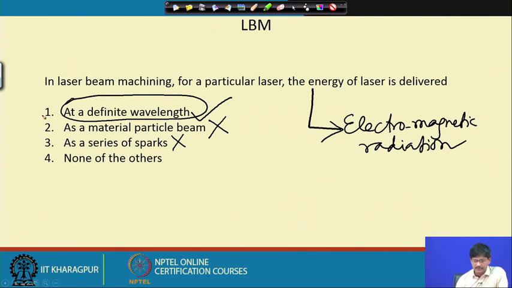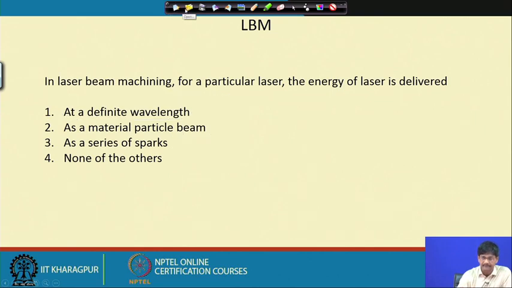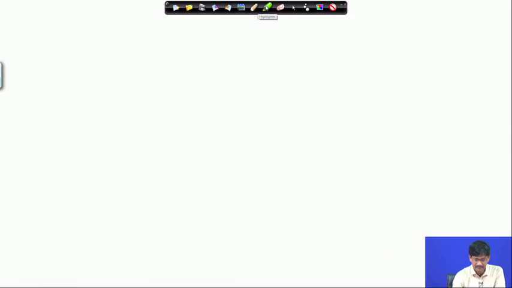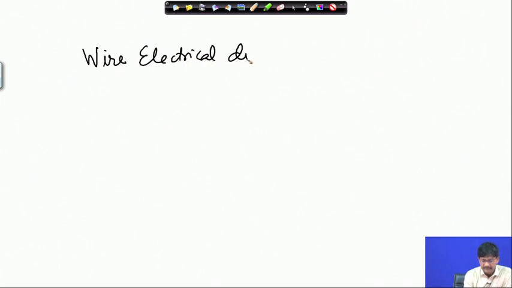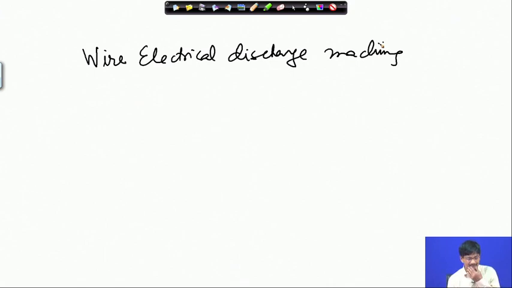So, this gives us an opportunity to discuss a little more about some other methods which I have left behind, but they are equally important. First I would like to mention another method called wire EDM, wire electrical discharge machining, which works on the same principle as EDM.